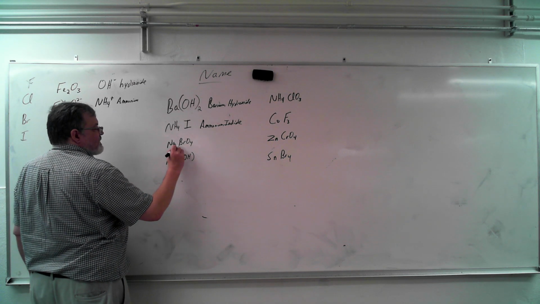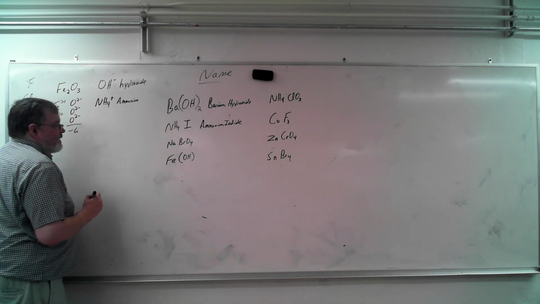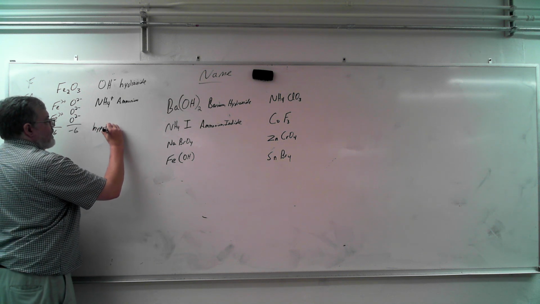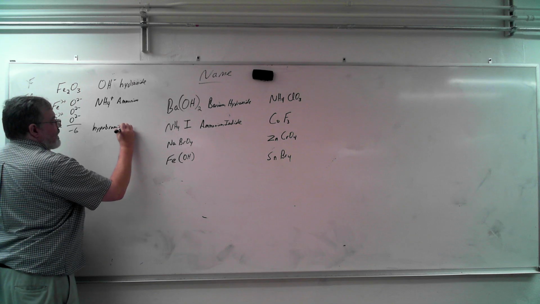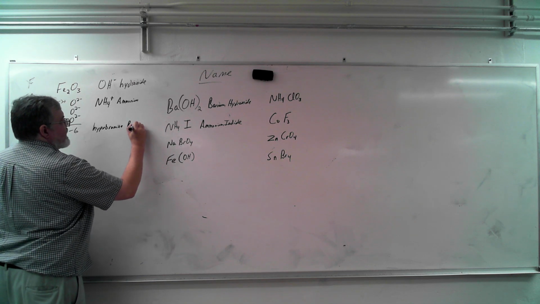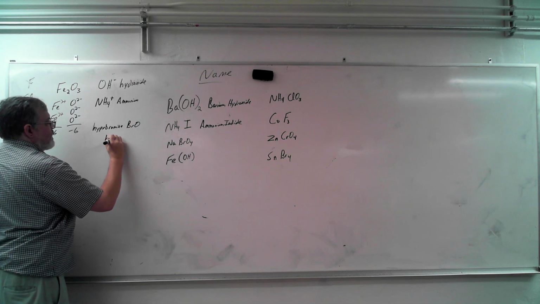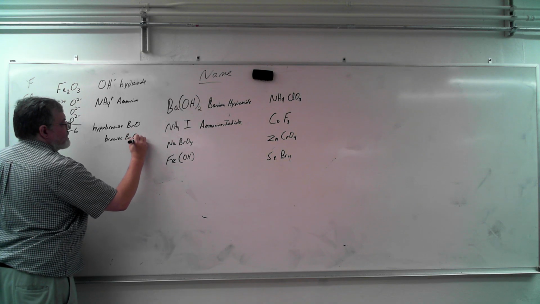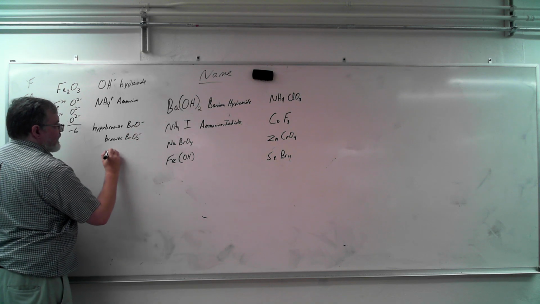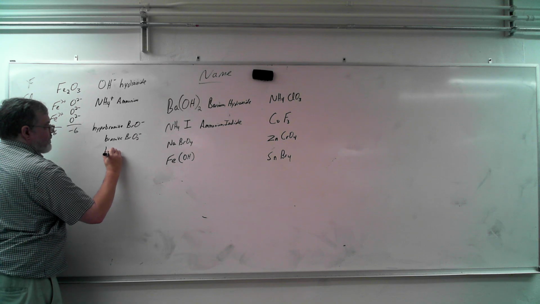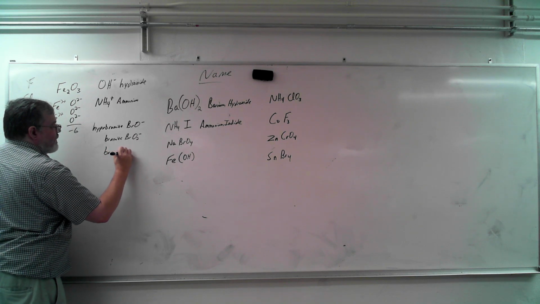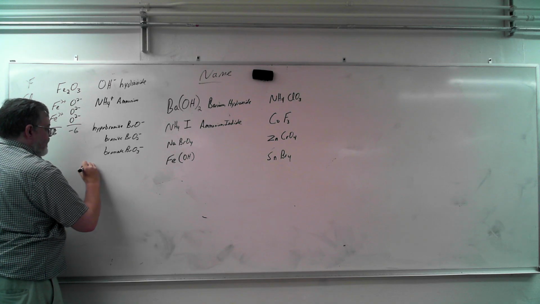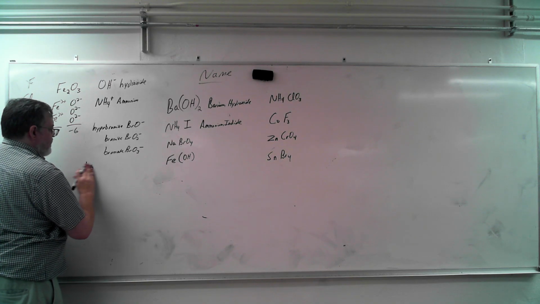Do you remember what this is? Hypobromite is the one that only has one oxygen. Bromite has two oxygens, and they're all just negative. Then you go to bromate. Perbromate.